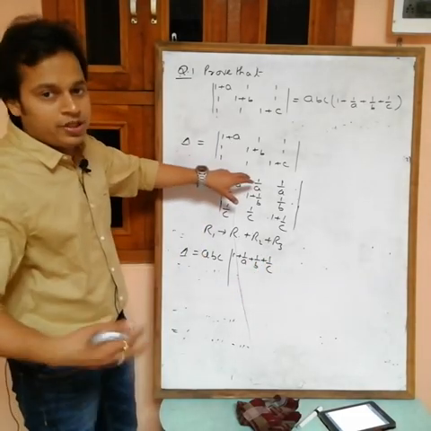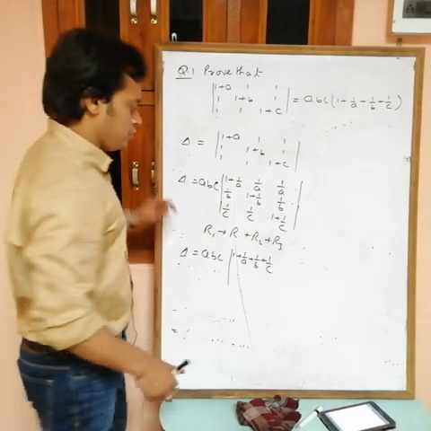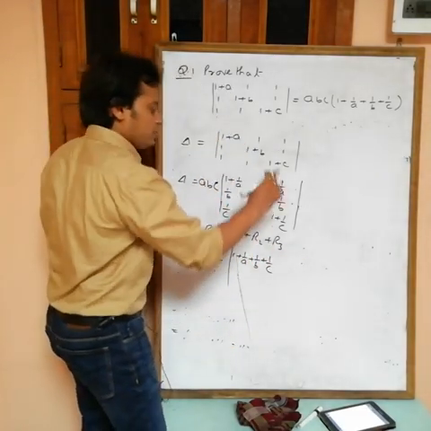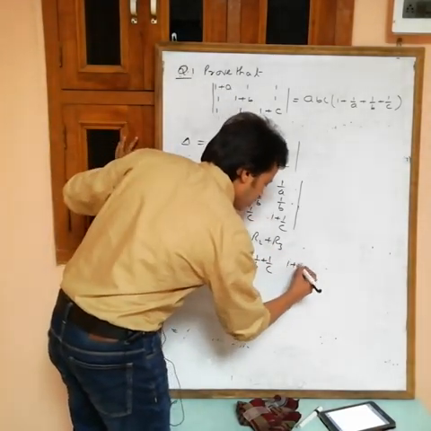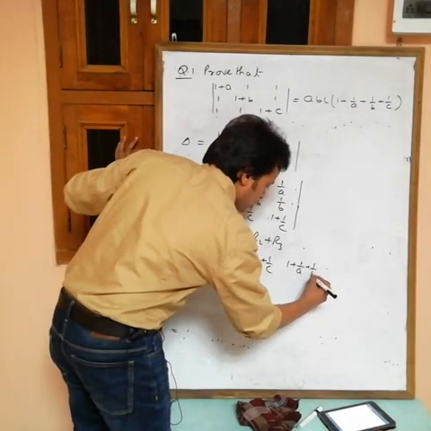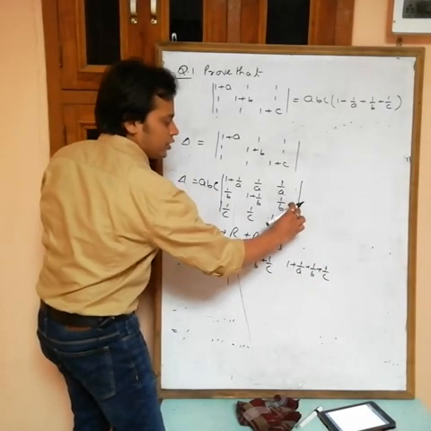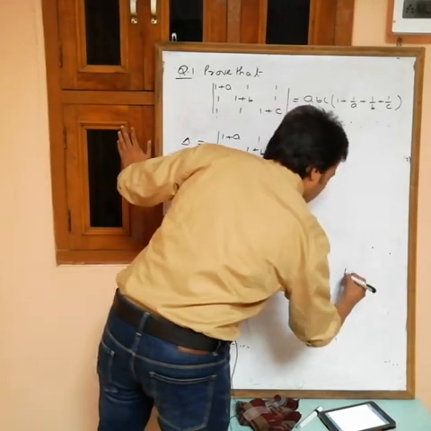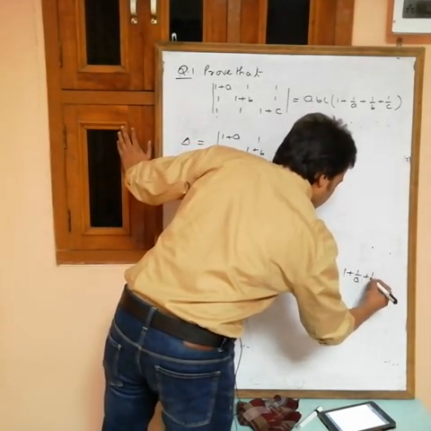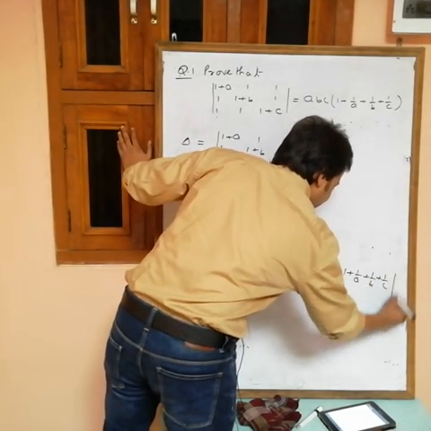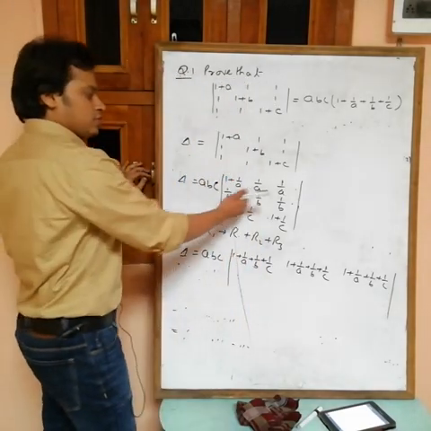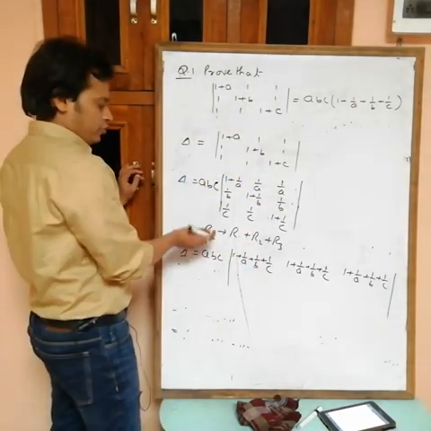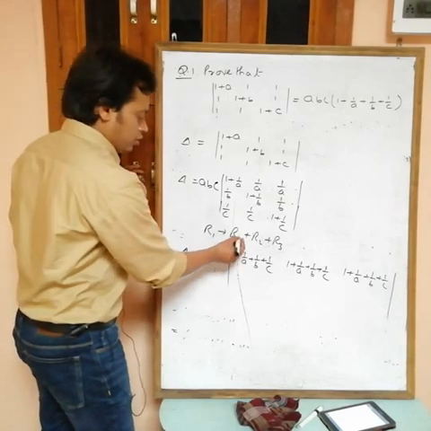Same in this element, if you add these both, then at the end you will get 1 plus 1 by a plus 1 by b plus 1 by c. Adding these both in this one, you will get the same. R2 and R3 remain the same because we are only changing R1 now.